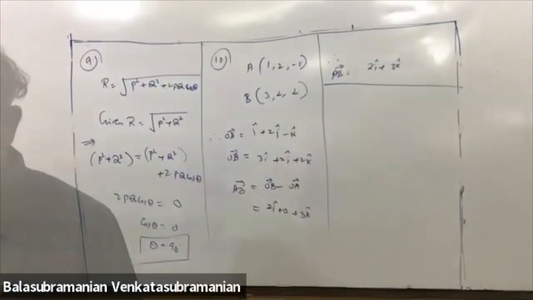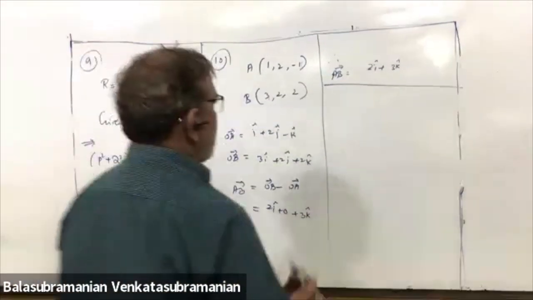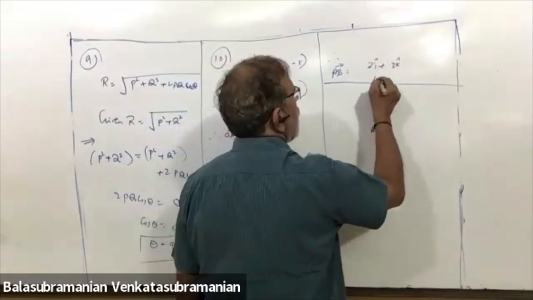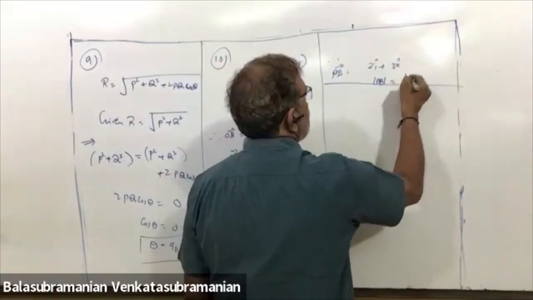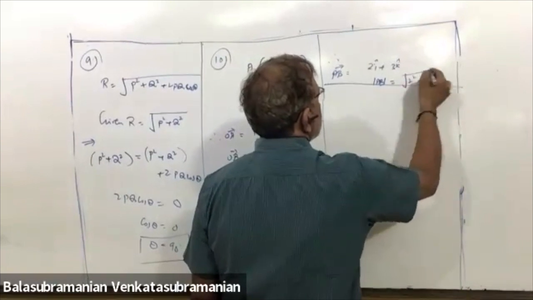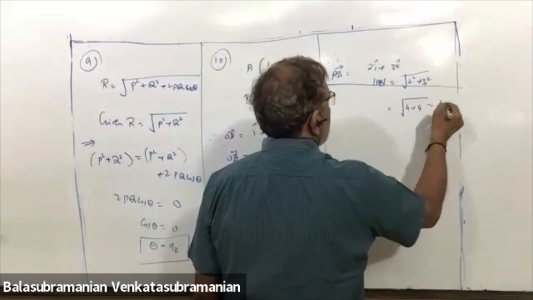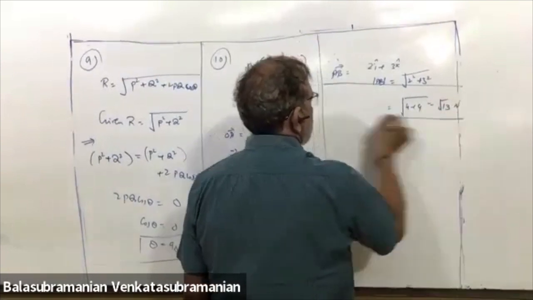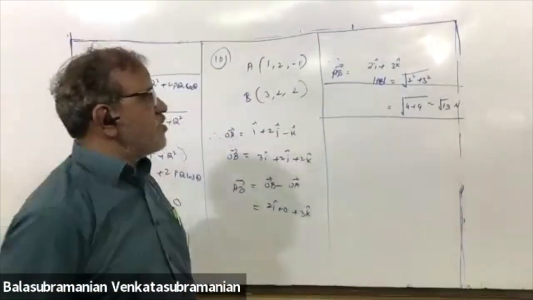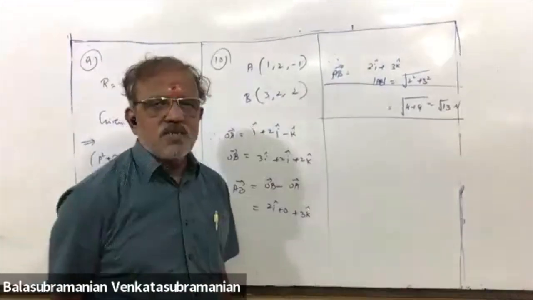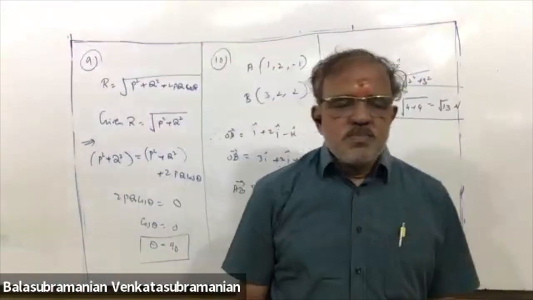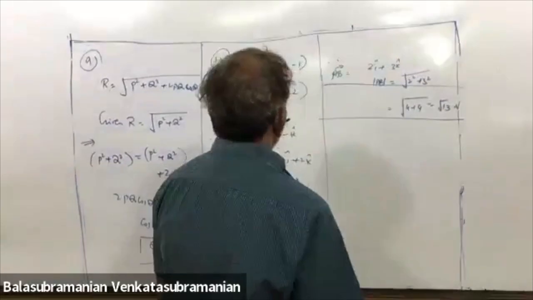Right. Magnitude they're asking. Magnitude means modulus. Root of 2 square plus 3 square, 4 plus 9, root 13. If magnitude is not given, you can write AB as it is. Fine. 11th one.